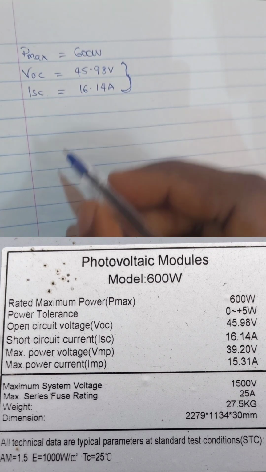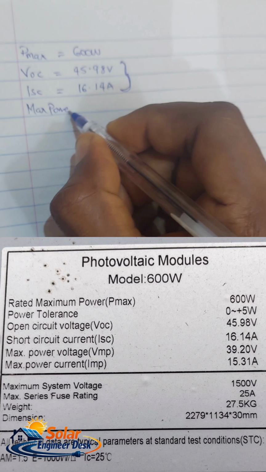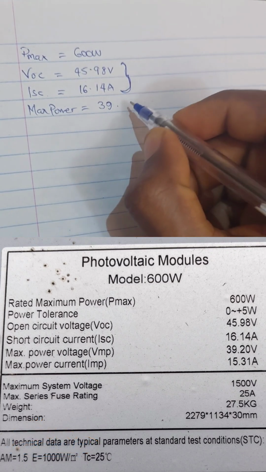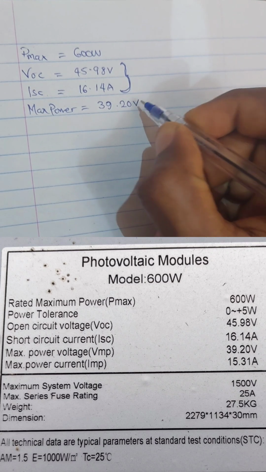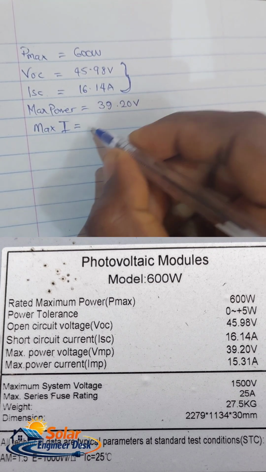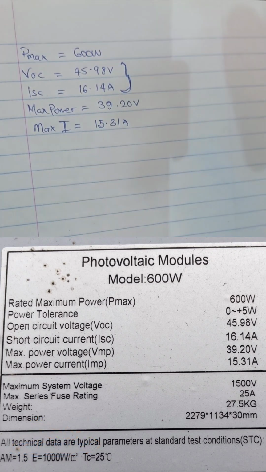But here is what we need. We need max power to be 39.20 volts. We have the max current to be 15.31 amps, right?